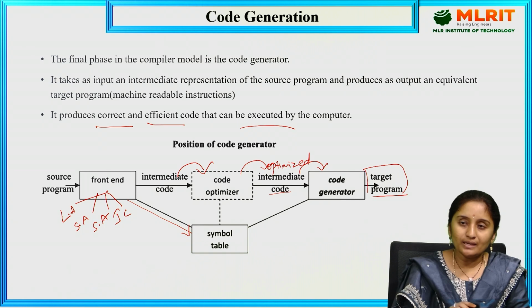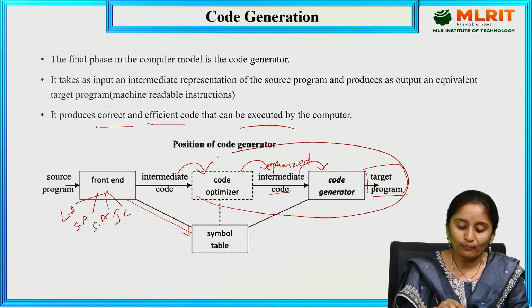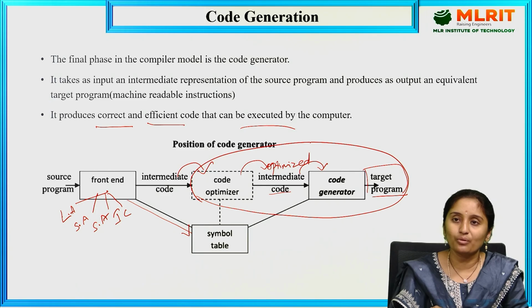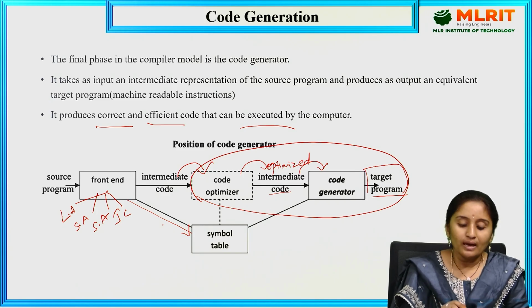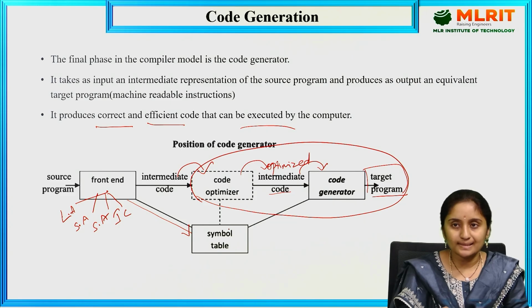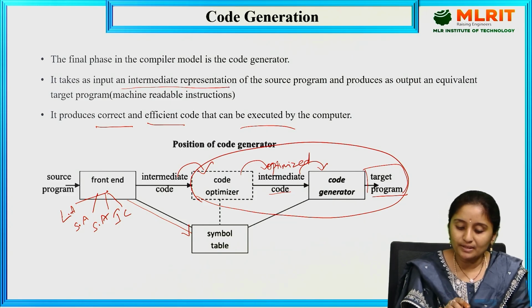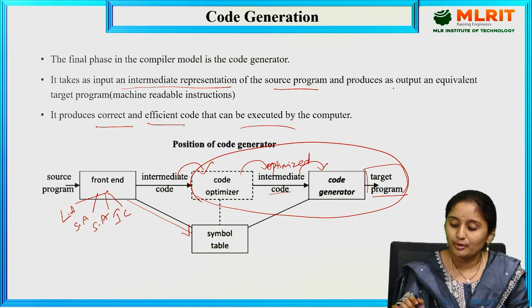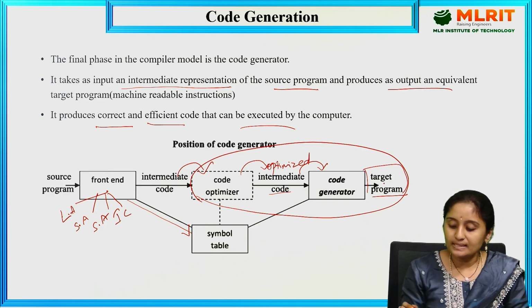All the data is stored in the symbol table, and the back end, the two phases code optimizer and code generator, uses the data stored in the symbol table. It takes as input an intermediate representation of the source program and produces an output program, that is the target program, which is nothing but the machine readable instructions.